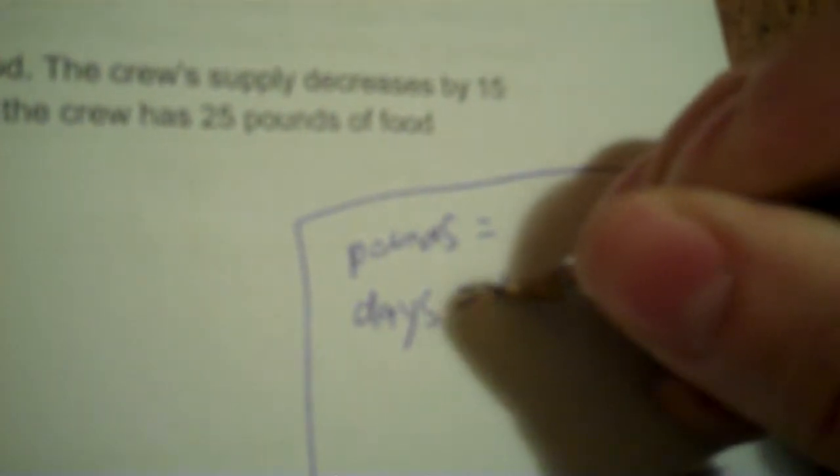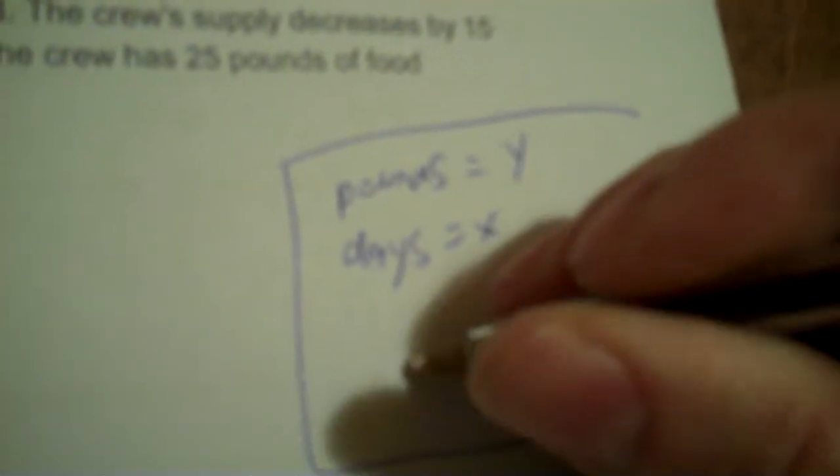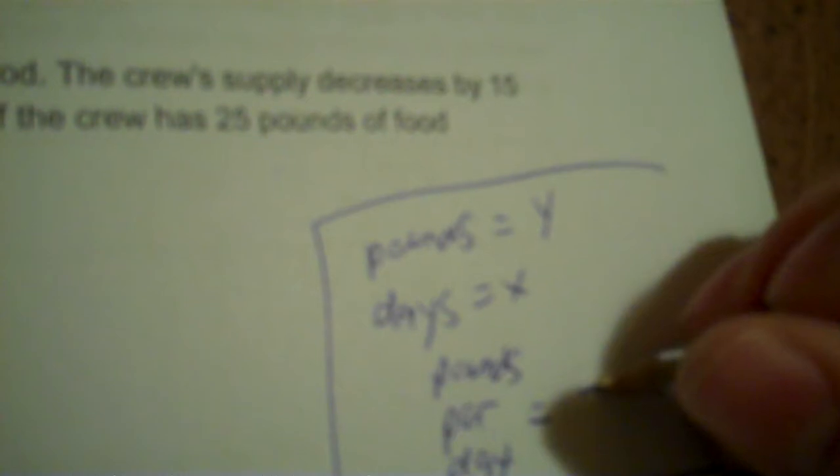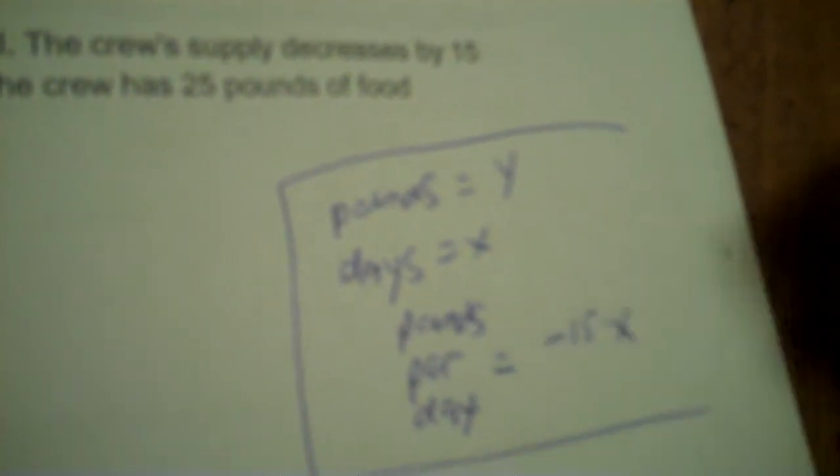The time is the X, the pounds is the Y. So pounds per day. Well, they tell me that it's 15, but it decreases, so it's negative 15. Okay. So now I make a table with my X and my Y. Pounds is Y.